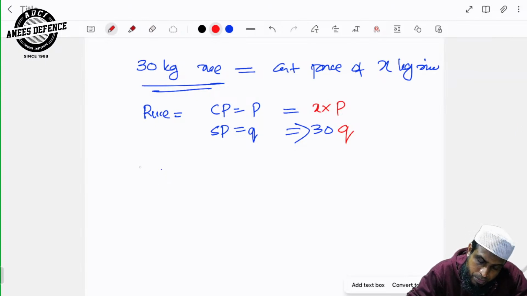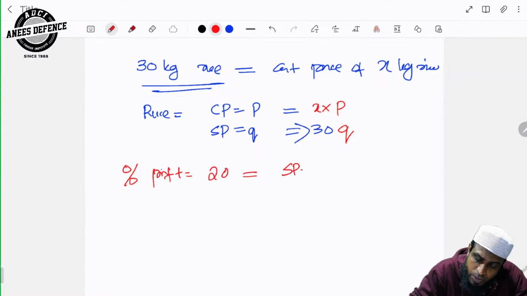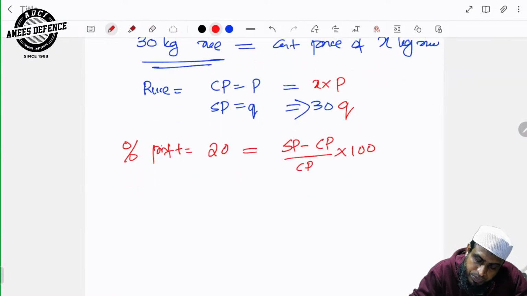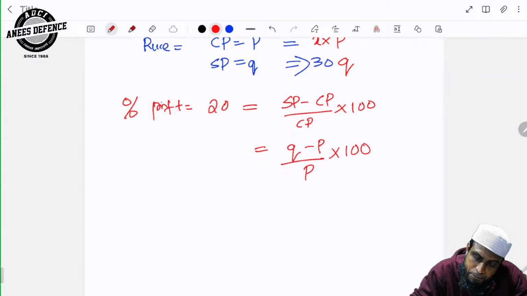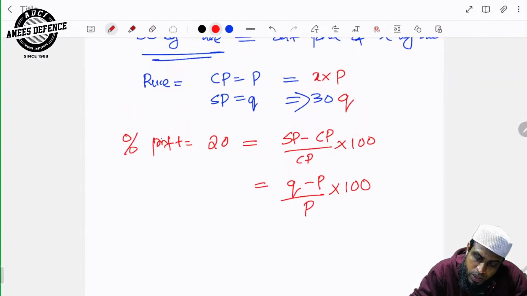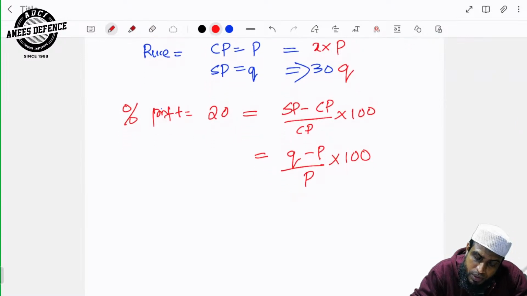So percentage of profit is given as 20, which is equal to selling price minus cost price divided by cost price into 100. So selling price is Q, cost price is P. Q minus P by P into 100.